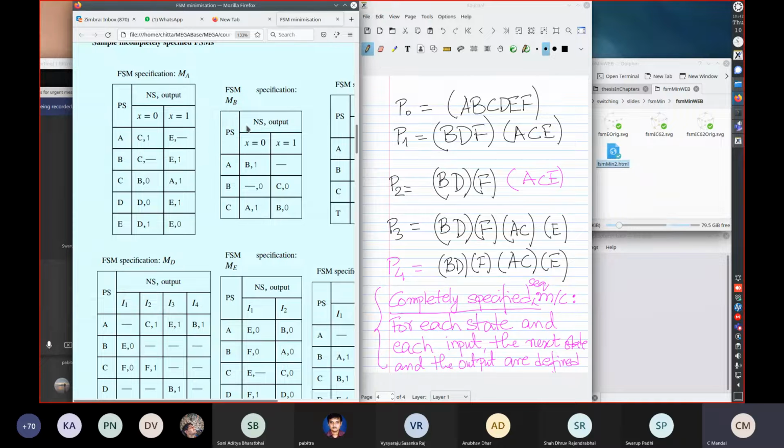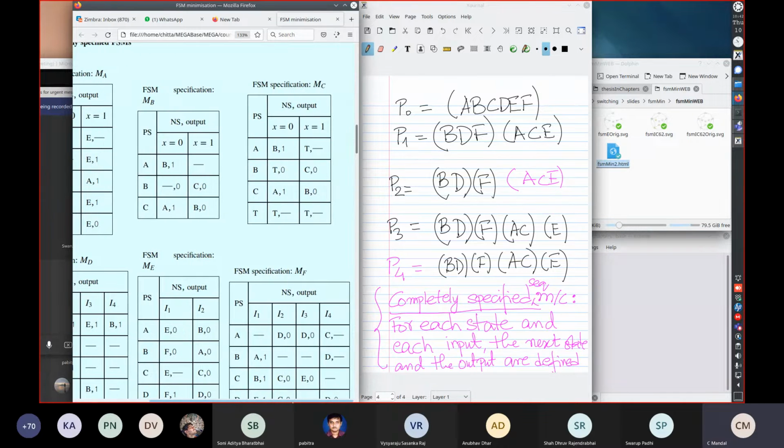If you look at MB, you find that sometimes the next state is not defined and sometimes nothing is defined, neither the next state nor the output.